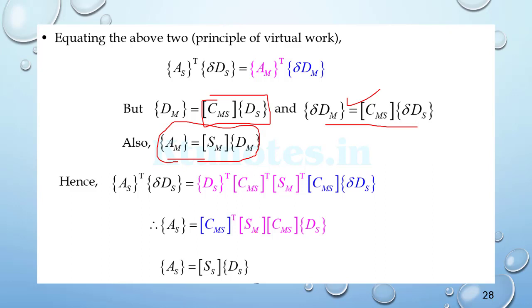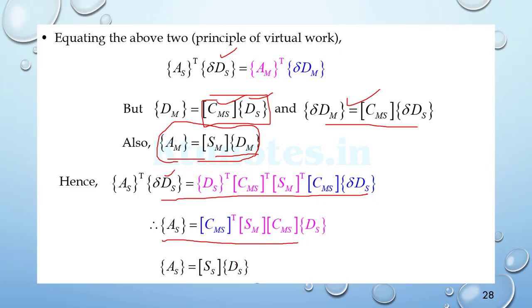Hence, AS transpose into delta DS is equal to AM transpose, so this SM transpose into DM transpose comes into play. And DM is equal to CMS into DS. So clubbing all those things, AS is equal to CMS transpose into SM into CMS into DS.